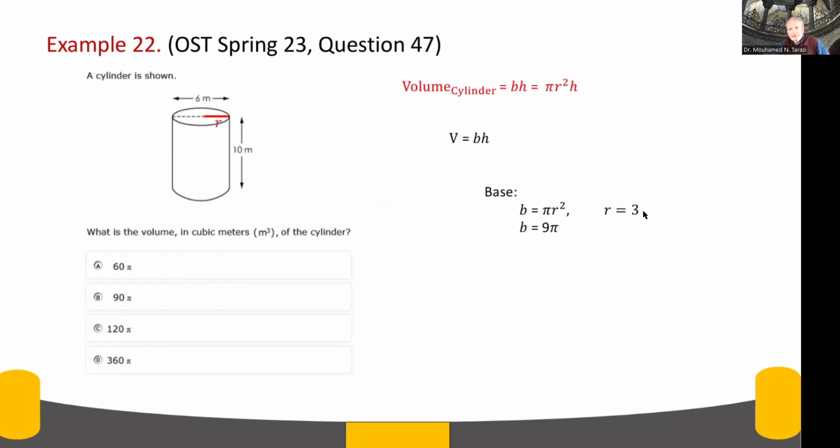So if you use the 3, you get the base is equal to 9 pi, times 10, the height, you get 90 pi, and that's your answer. If you use 6 instead of 3 here, you will get 36 times 10, you get this answer. You think that you got it right. It's not right. You have to use the radius here. That's why it requires some thinking, okay?